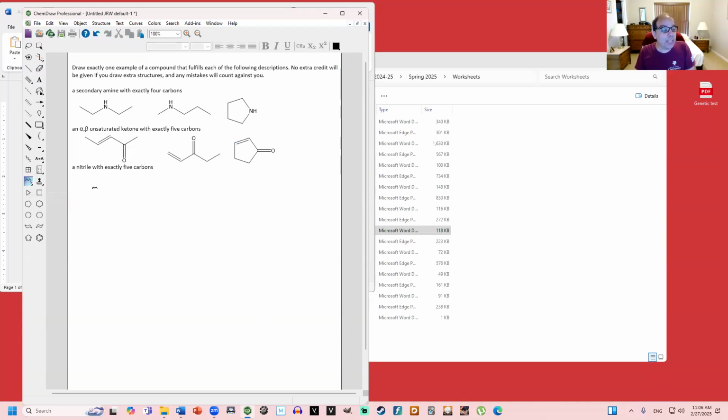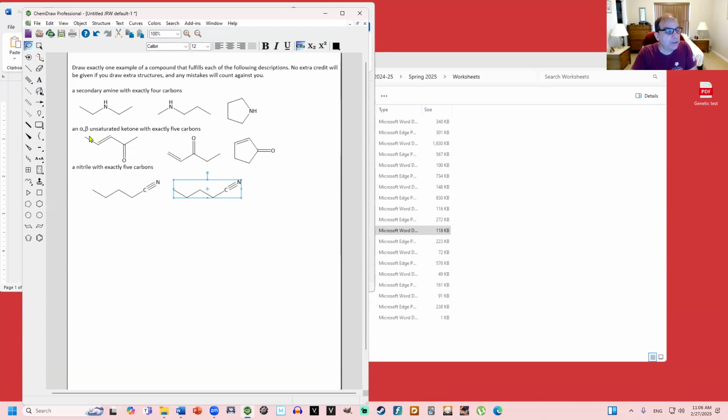A nitrile with exactly five carbons. Nitriles are part of Chapter 20. So again, the most obvious solution, and I don't know which year or semester I asked this question on an exam, but I would bet you that of the people who got the right answer, nearly all of them put this answer, but there's many other correct answers.